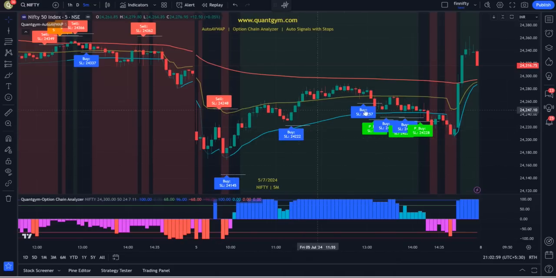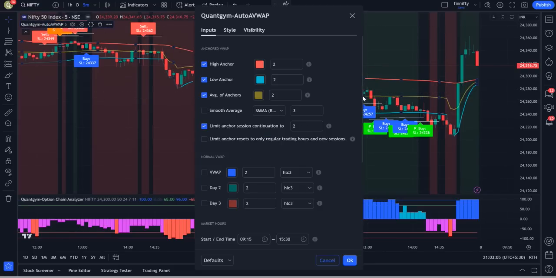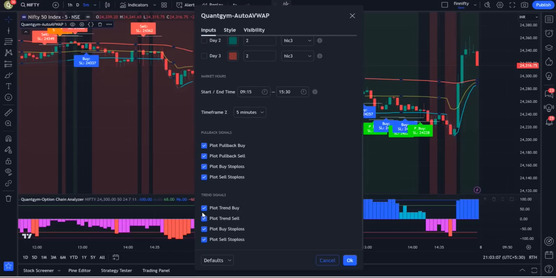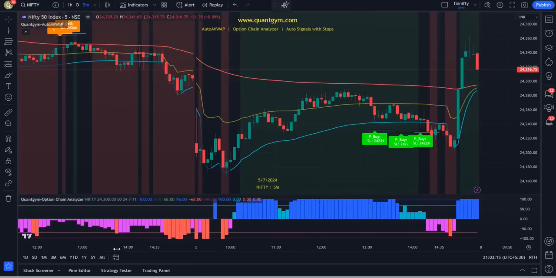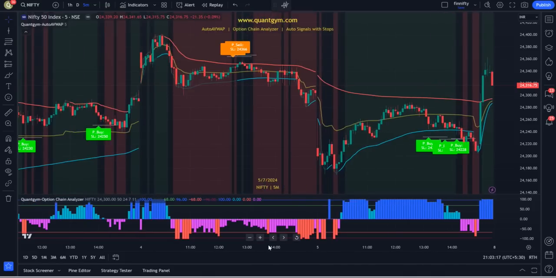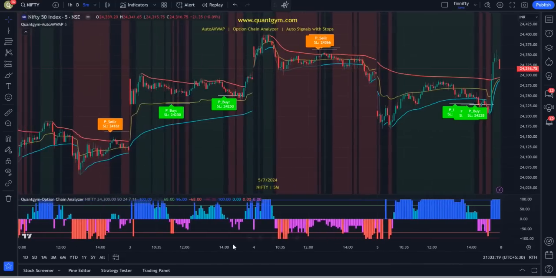There are two kinds of buy sells. One is normal buy sell and one is a pullback buy sell. If I just show you for a second, here what I'm trying to do is I will just put this trend buy sells off. And so you get something like here called a pullback buy. So this is a much stronger signal than a normal buy.